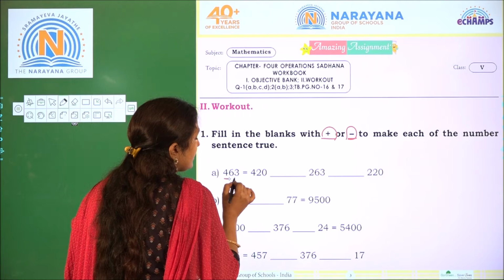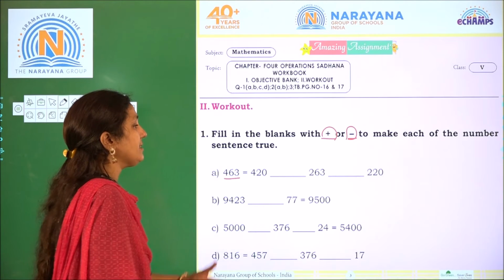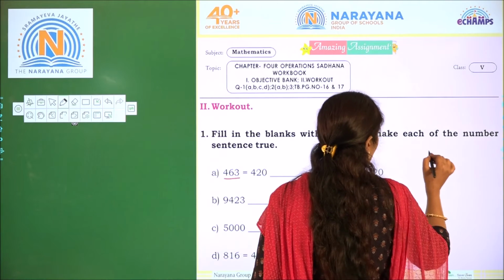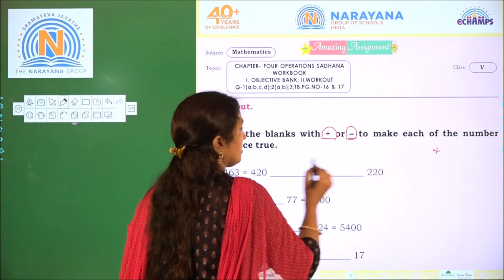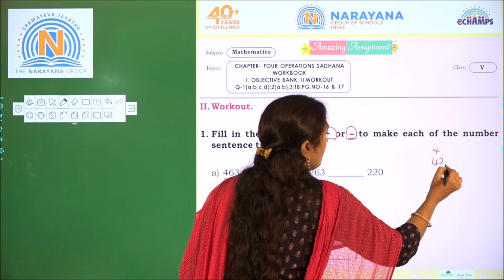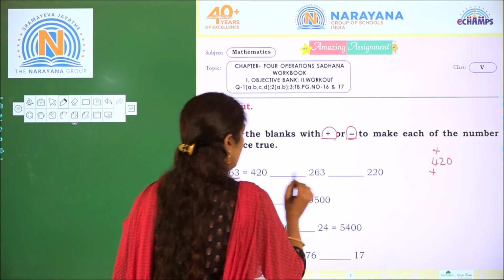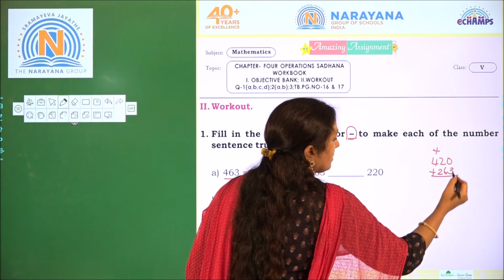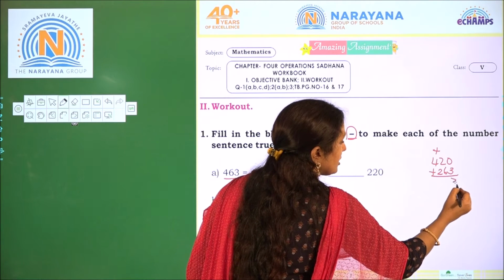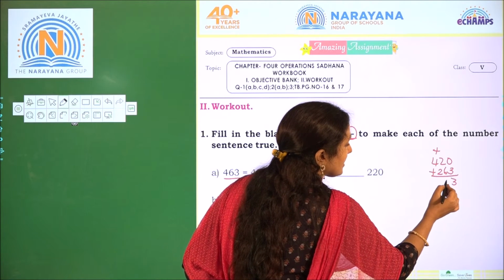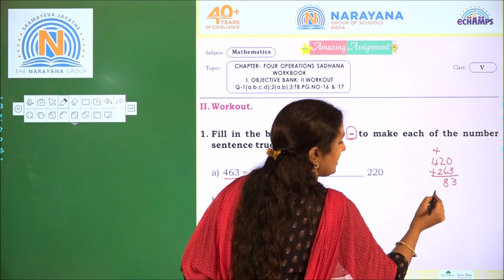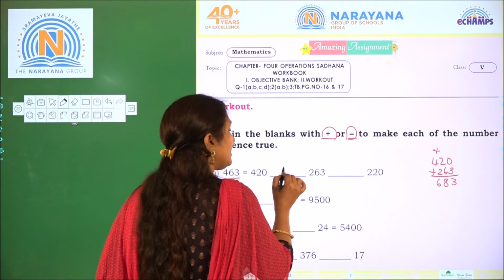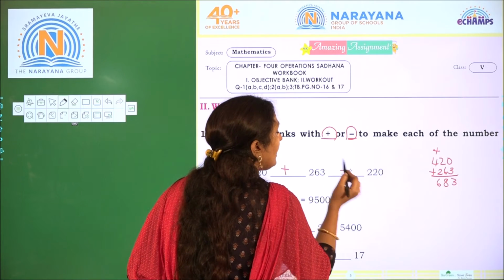So 463. Suppose if I write plus, first 420 plus 263. Add: 0 plus 3 is 3, 2 plus 6 is 8, 4 plus 2 is 6. Now I am taking minus symbol.